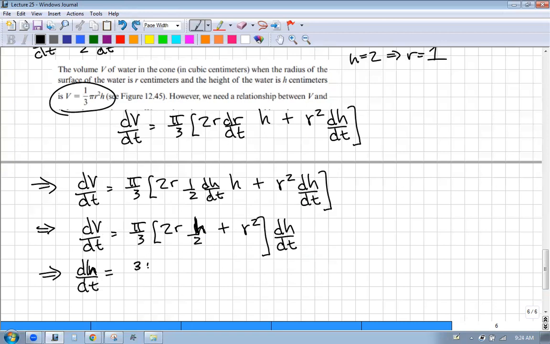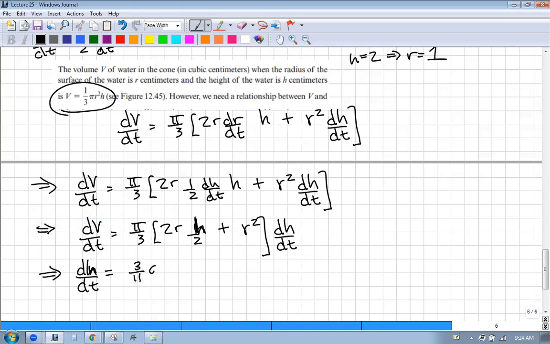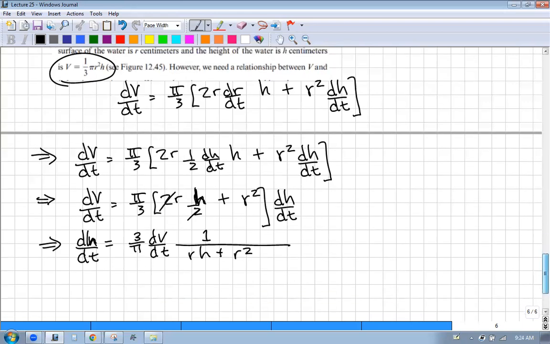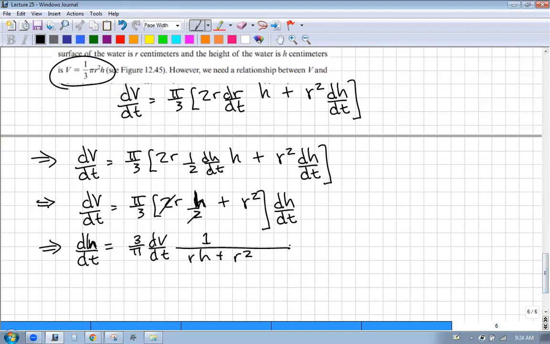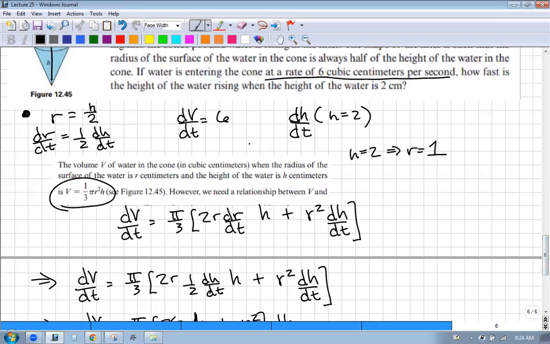So that would be a 3 over pi dV/dt and divided by this stuff. So these 2's go away. So that'd be a rh plus r squared. Right? They said r was h over 2.